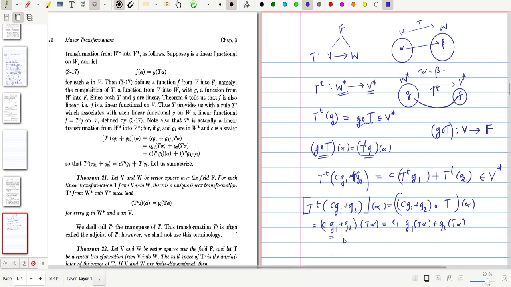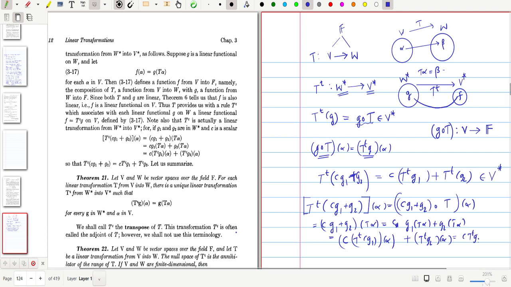This can be written as C times T transpose of G1 of alpha plus, and this G2 of T alpha is the same as G2 composition T of alpha, in fact that is T transpose G2 of alpha. From these two terms, you can say that this is equal to C times T transpose G1 plus T transpose G2 of alpha. So we have this equality of LHS and RHS.